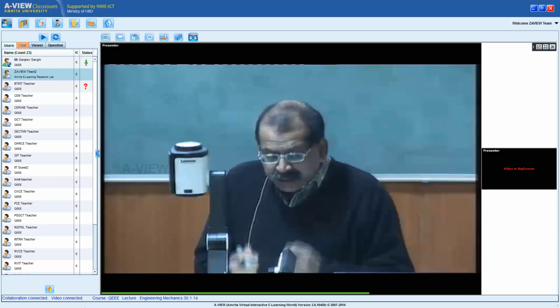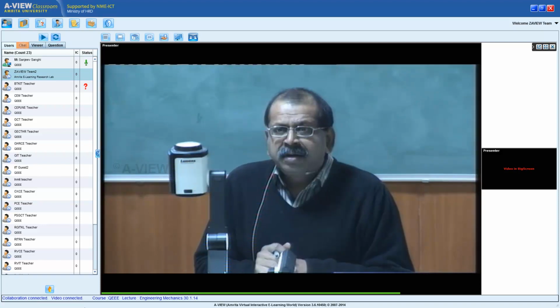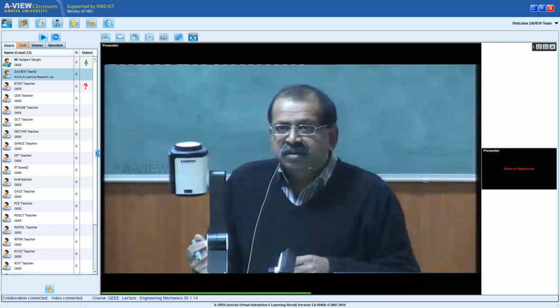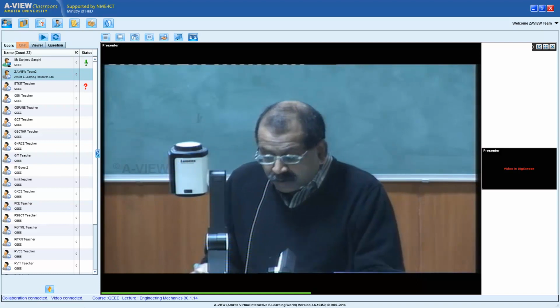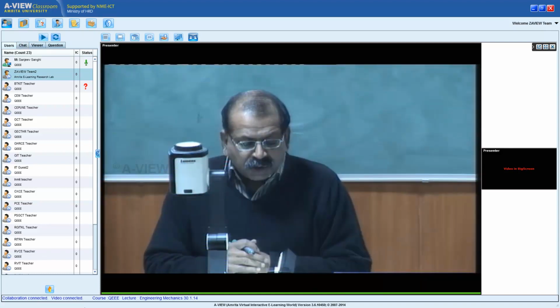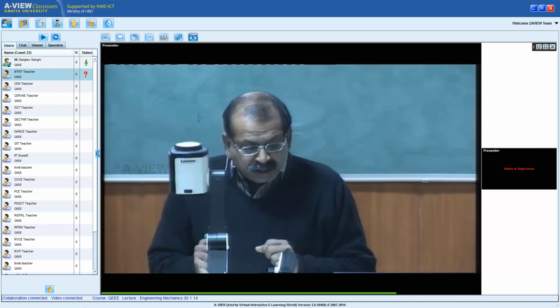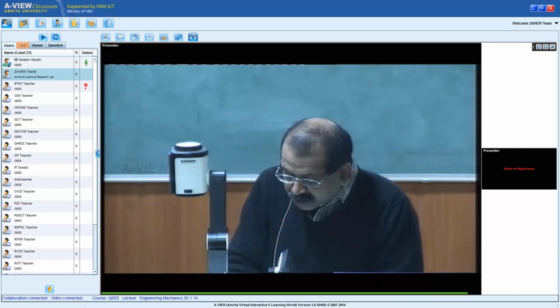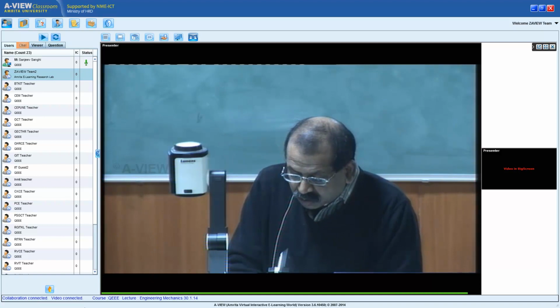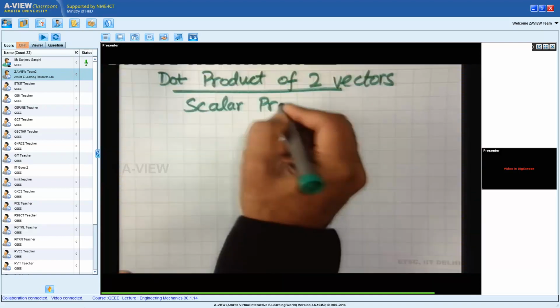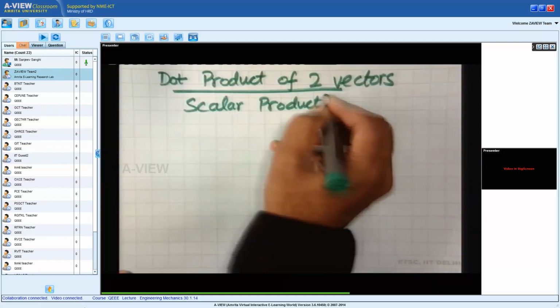Now, it turns out that vectors can be multiplied in many ways. And one of the types of multiplication of vectors, which is a very special type, is called a dot product, and there is another name for this, which is also called the scalar product.